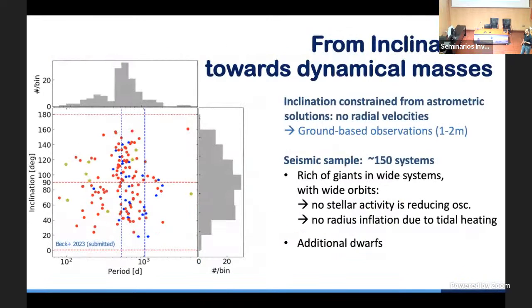Several of them have inclinations from astrometry, which means that for those we can get dynamical masses, and we just submitted a LCO guaranteed time program proposal to get radial velocities for the brightest targets to actually get the velocity component for both.